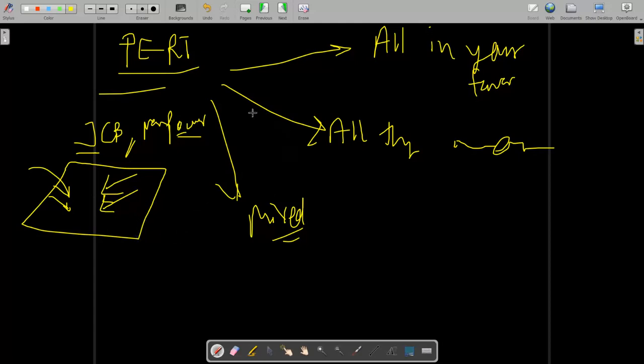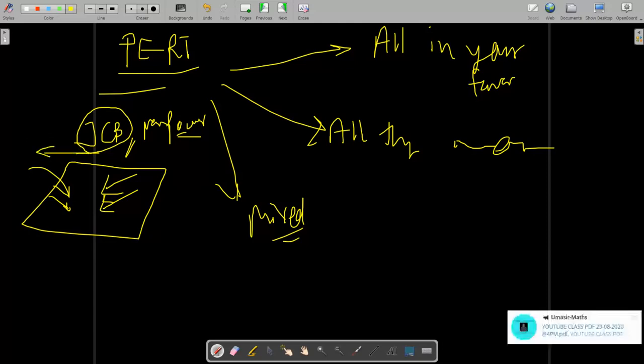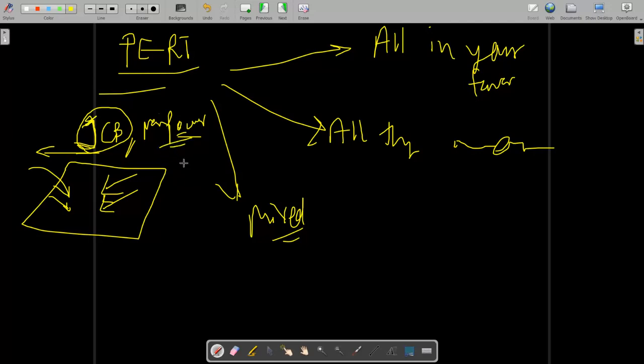Now if you have all the arrangements, like you have talked with the contractor, that tomorrow morning there will be a JCB there. The contractor said there will be, for example, 10 manpower as you required.